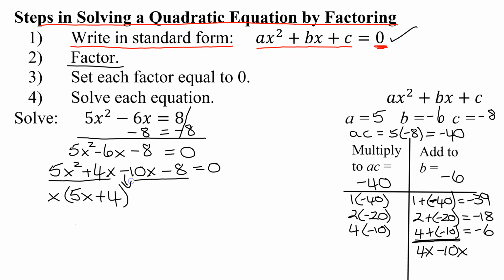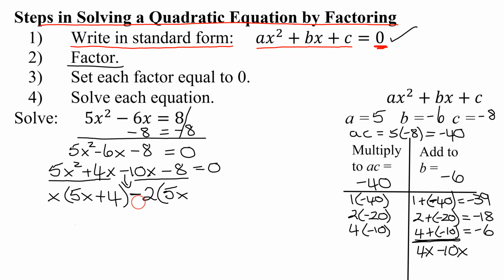My middle sign is a subtraction. You always bring that down. And now what do the last two have in common? I think the only thing is a 2. Now be careful, I'm factoring out a negative 2. So that's just the same as dividing this term by a negative 2. So negative 10x divided by negative 2 is positive 5x.